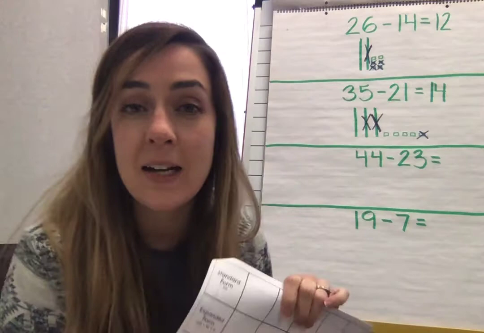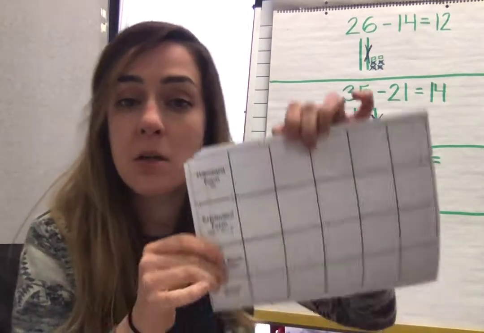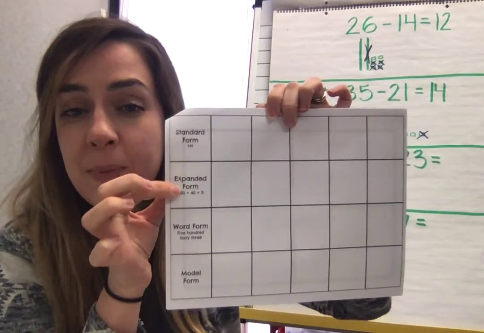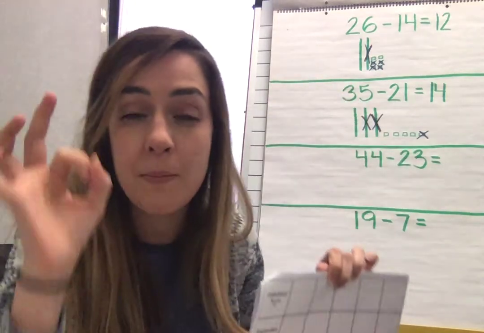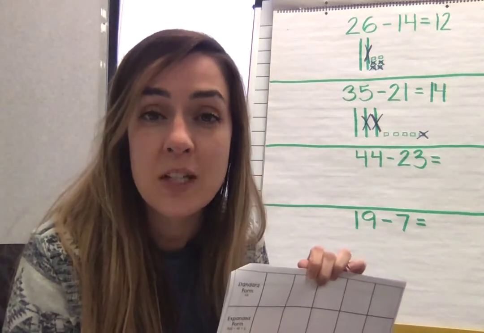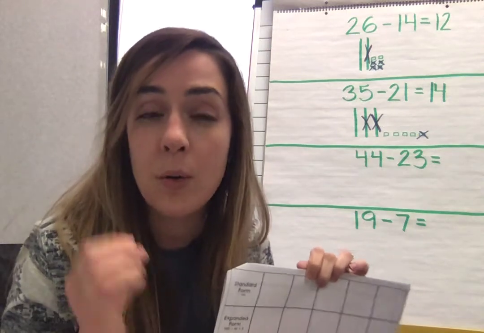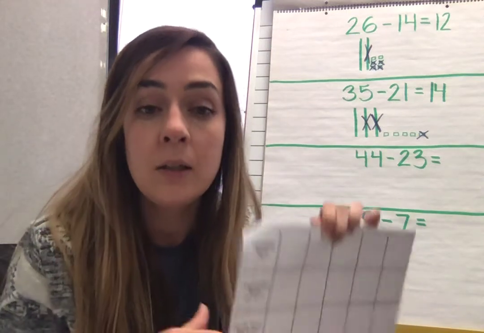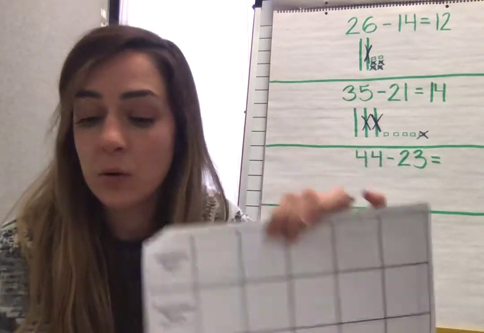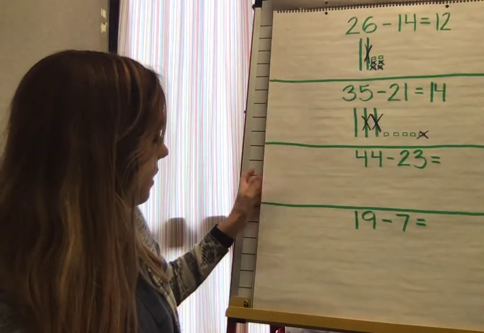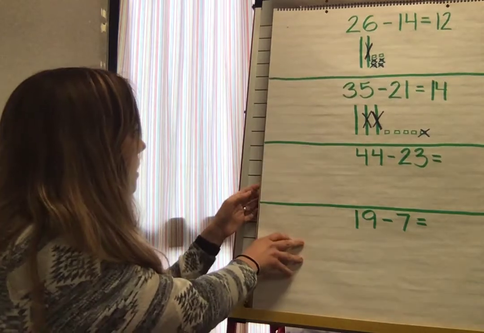So you're going to practice writing 5 different numbers in standard, expanded, word, and model form. Okay, so I've included a picture of a dice on our choice board. If you don't have dice to roll, or if you don't want to pull paper, you can use that digital dice to roll.